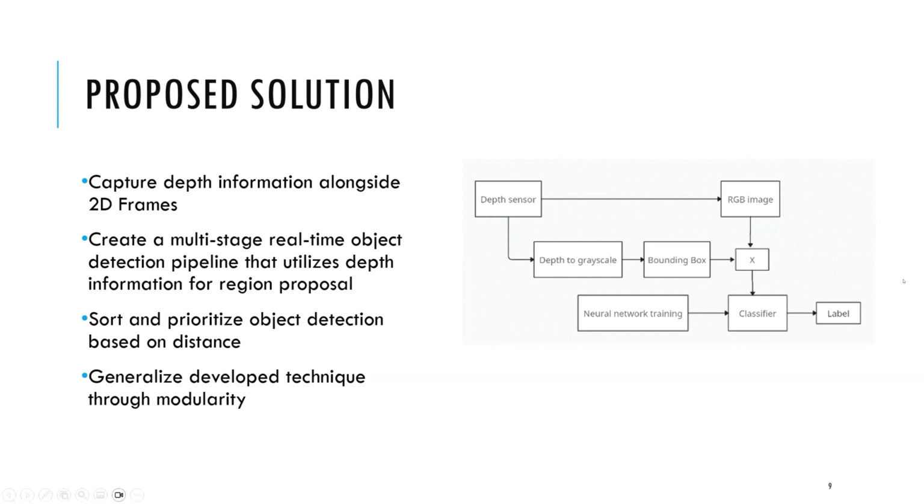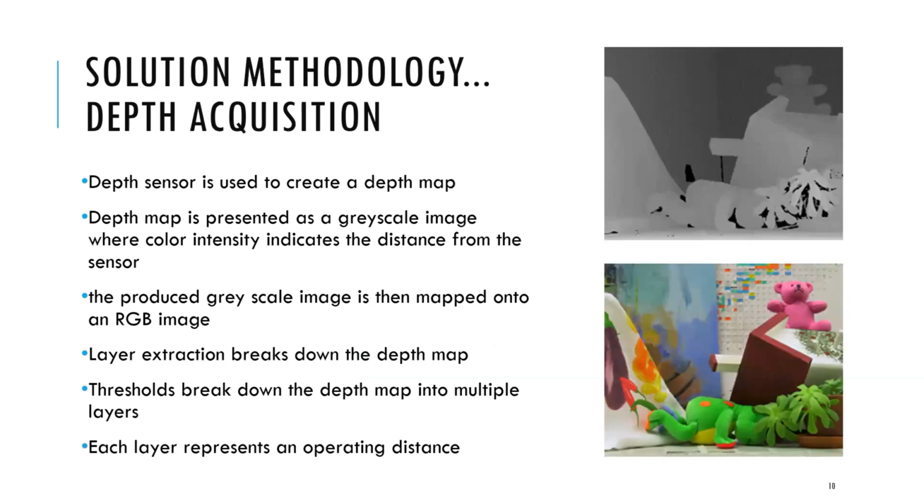The RGB camera captures the RGB frame, and the depth sensor captures a depth frame, and those are mapped onto each other to present the frame in 2D with distance information, and then it is fed to the neural network. Objects that are extracted from the depth data are fed to the neural network classifier to produce a label.